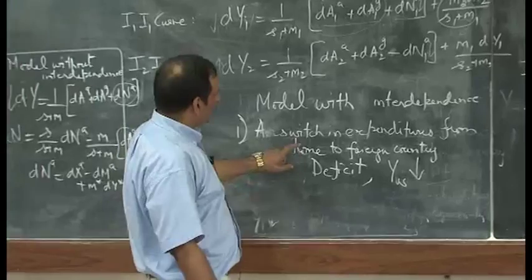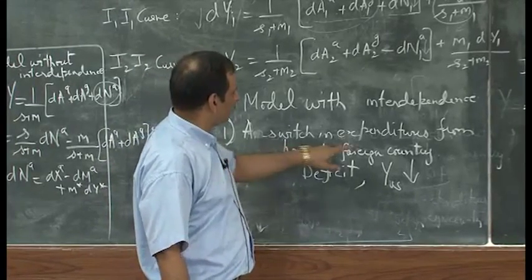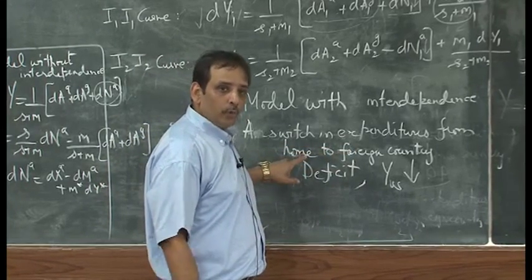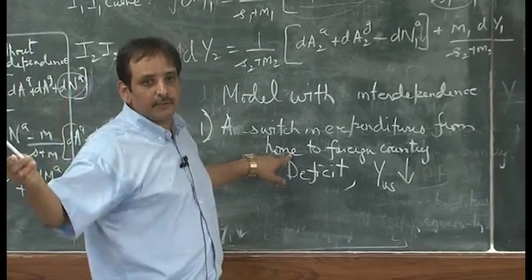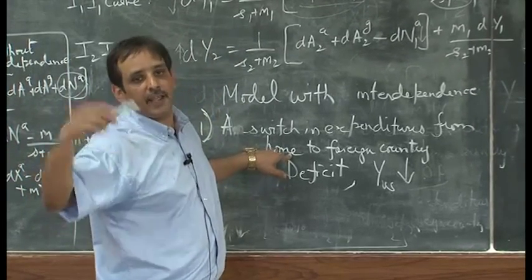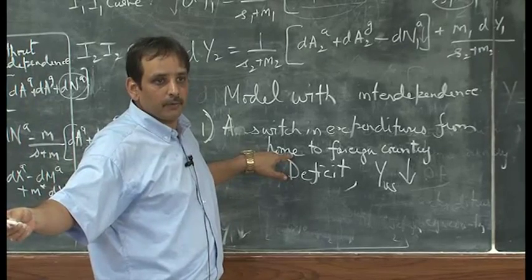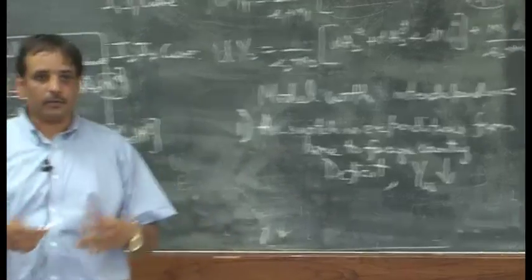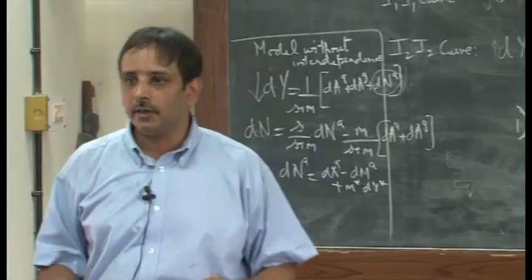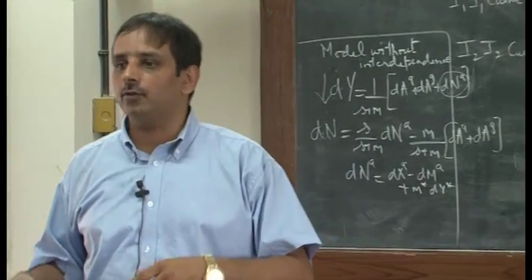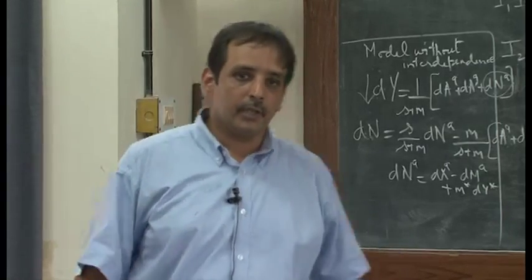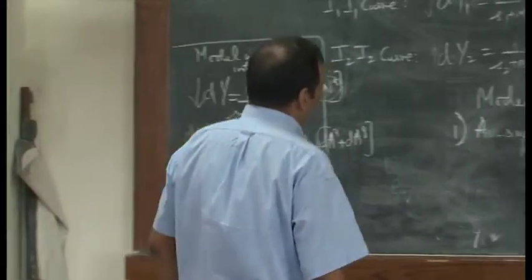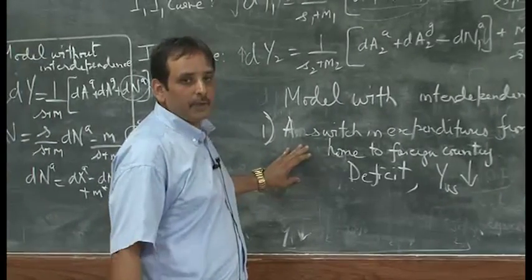So remember, when you move your expenditures from foreign to home goods, you are depreciating your currency, but the others, when you depreciate, they appreciate. Okay? So either you can depreciate your currency, or if you don't want to do anything, you would expect that the other country would appreciate their currency to bring the economy back to equilibrium.